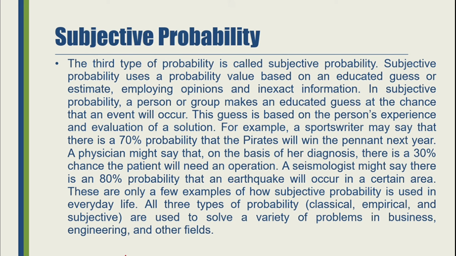For example, a sports writer may say that there is a 70% probability that the Pirates will win the pennant next year. A physician might say that on the basis of diagnosis, there is a 30% chance that the patient will need an operation. And seismologists might say there is an 80% probability that an earthquake will occur in a certain area. These are only a few examples of how subjective probability is used in everyday life.